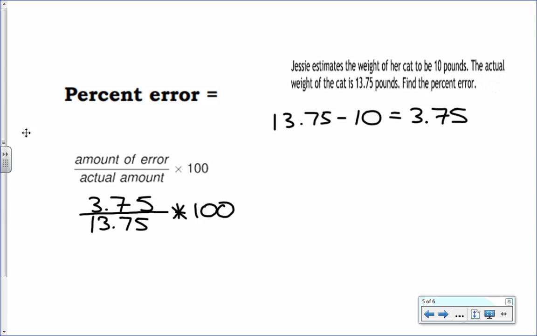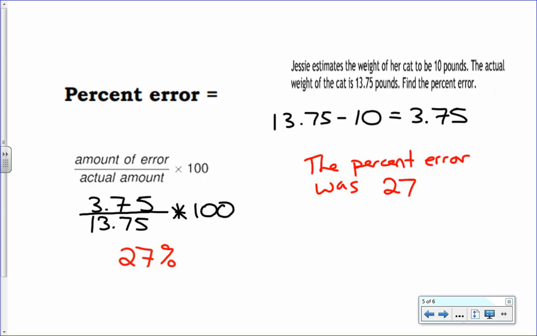So we do 3.75 divided by 13.75 and get approximately 27%. We'll round. So the percent error was 27%.